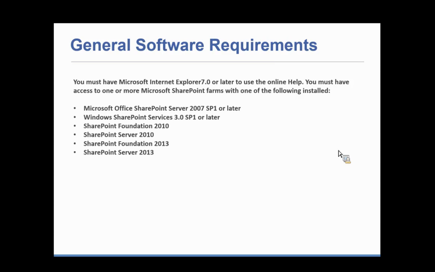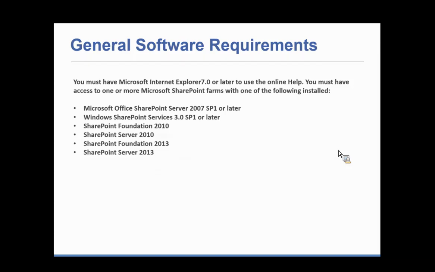Beyond that scope, we must have access to one or more Microsoft SharePoint farms with one of the following installed. As you can see, it's basically every version of SharePoint going back to 2007 SP1, or even before that, 3.0 SP1.